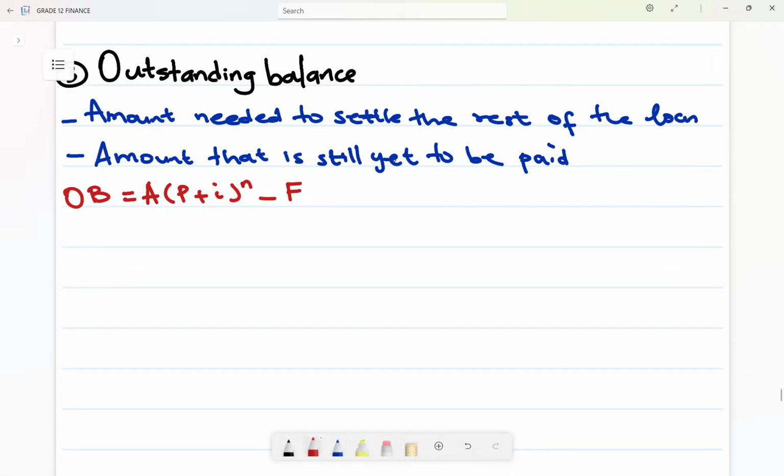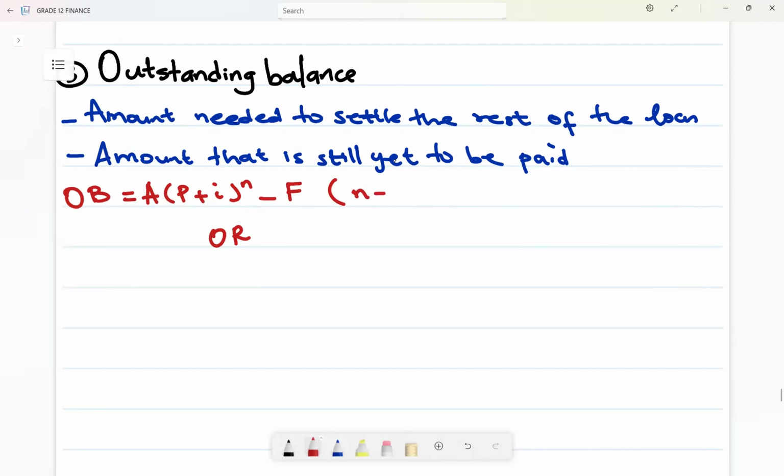Because the future value formula will tell us how much the money you've been paying back to settle the loan has accumulated to. Yes, this is the first formula. The second formula, you can use on the day.